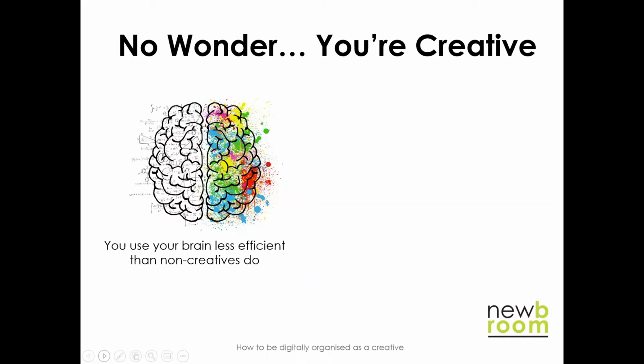And using your brain in the most efficient manner means to go for what you already know, what you already think, what you already feel, while a creative brain prefers to make new connections and new combinations.